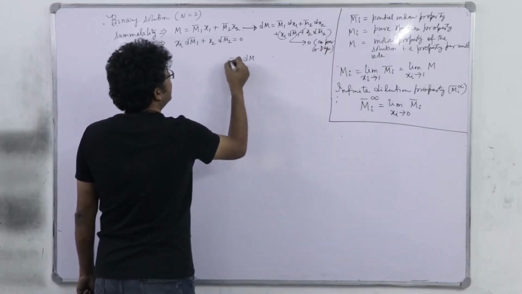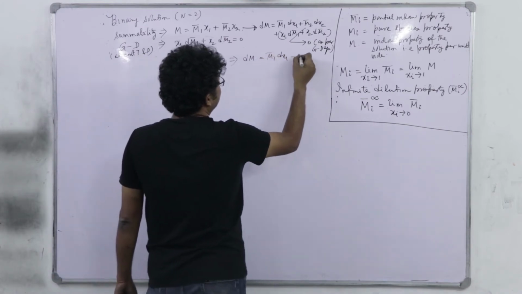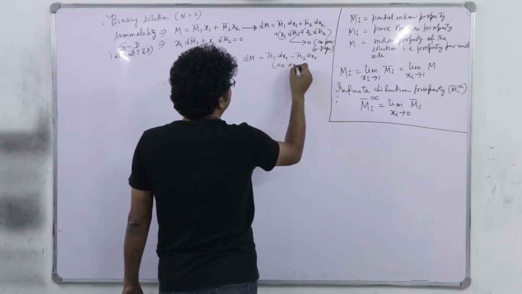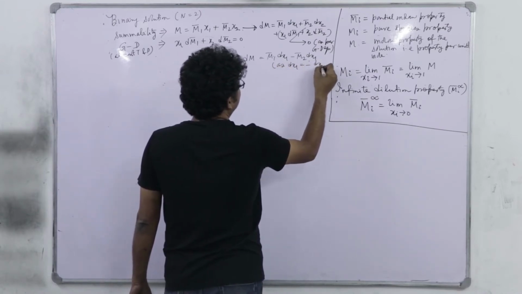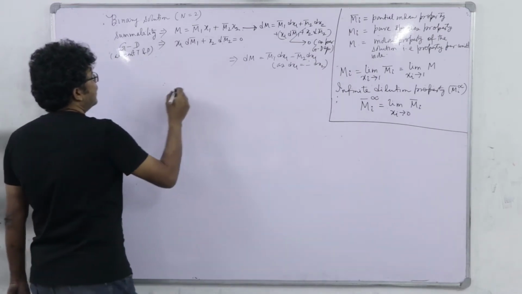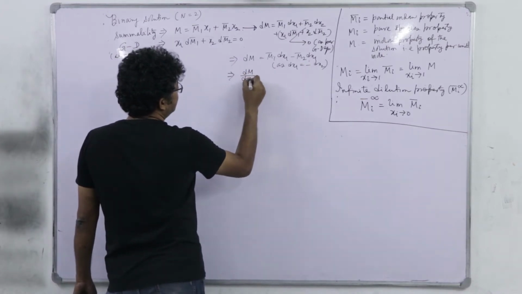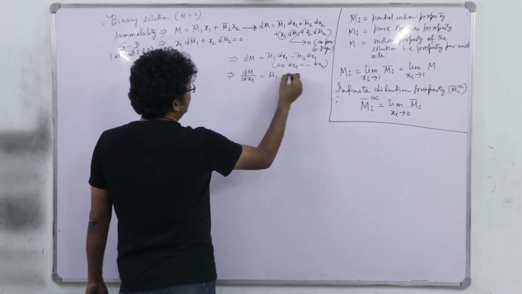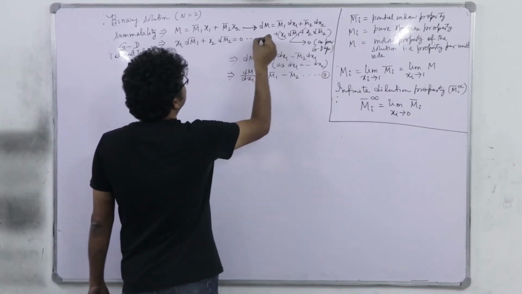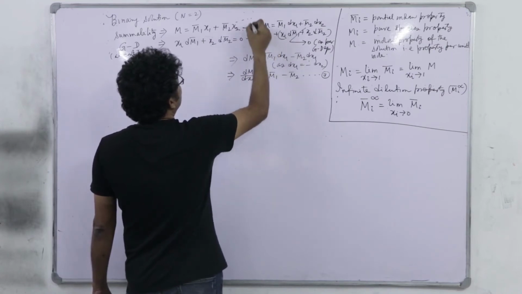So, dM becomes m1 bar dx1 minus m2 bar dx1, as dx1 is equal to minus dx2, because x1 plus x2 is constant. So, dM/dx1 is m1 bar minus m2 bar. Let us say this is equation 3, whereas this is equation 2 and this is equation 1, sorry.